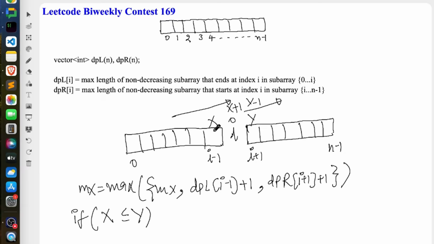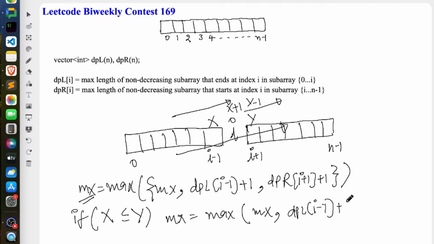If originally x is less than or equal to y, you can easily replace this number with either x or y, and you can make the complete array non-decreasing. So in that situation, if x is less than or equal to y, your maximum length can also be max of mx, comma, dp L of i minus 1 plus dp R of i plus 1 plus 1, right?